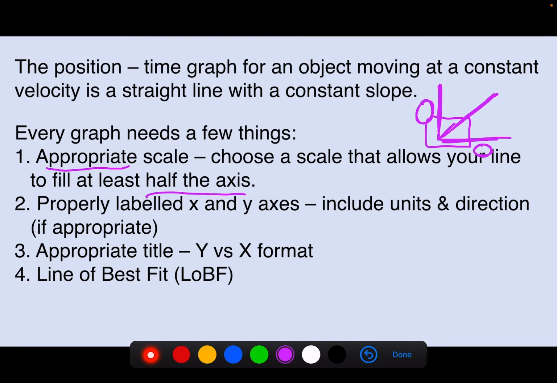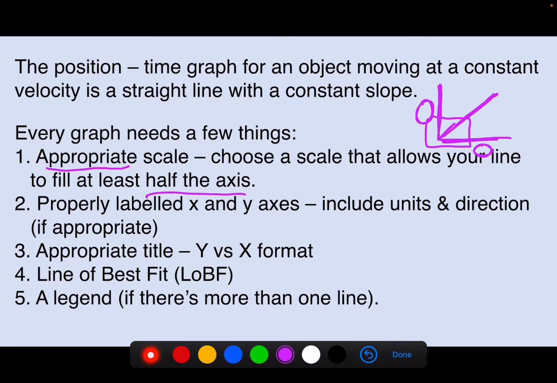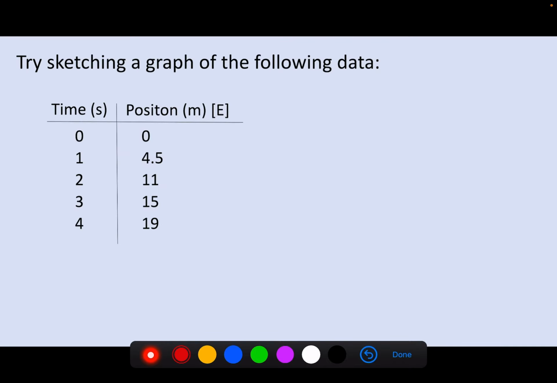And a legend if there's more than one line. You can use different colors for the different lines, and then have a legend over here that says the green is this, the purple is this, and the red is whatever they are. We will see that sometimes in physics, not all the time, but if appropriate, put that on.